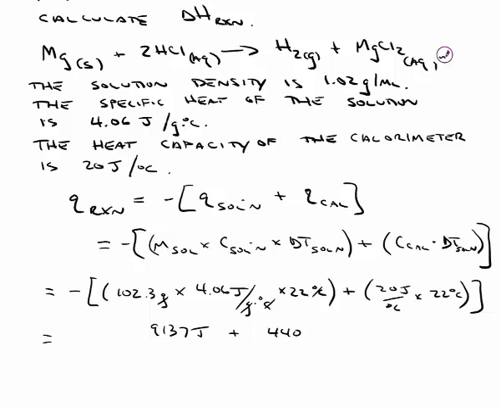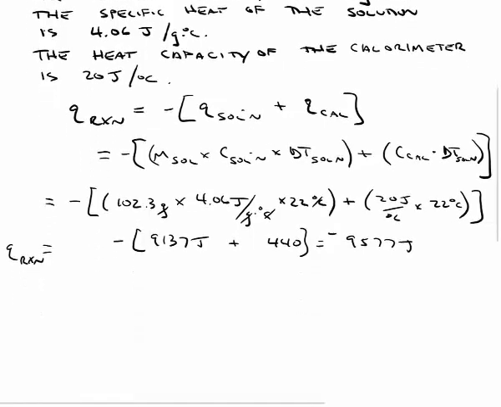And now we can add that together, 9137 plus 440, I get 9,577. Don't forget that there's a negative in here, and it is negative 9,577 joules. So that is going to be the Q of the reaction.